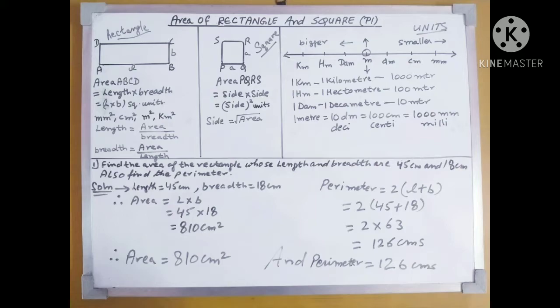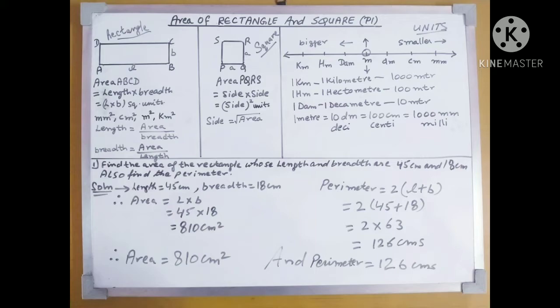Now let me solve some questions for you so that you get a good idea about the area of the rectangle and the square, right? The first question says, find the area of a rectangle whose length and breadth are 45 centimeters and 18 centimeters. Also find the perimeter. So while doing such sums, always keep in mind that we have to write all the quantities in the same units.